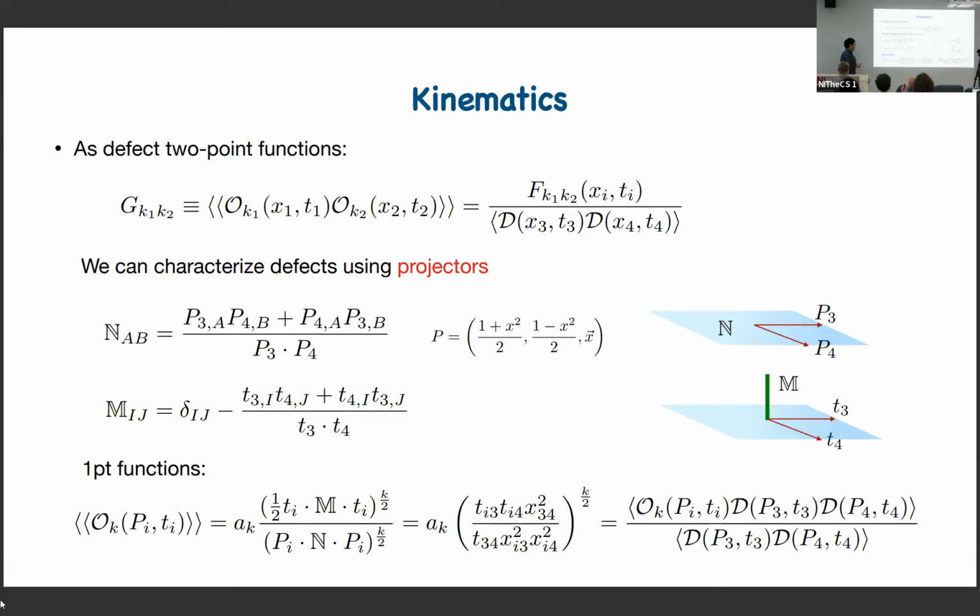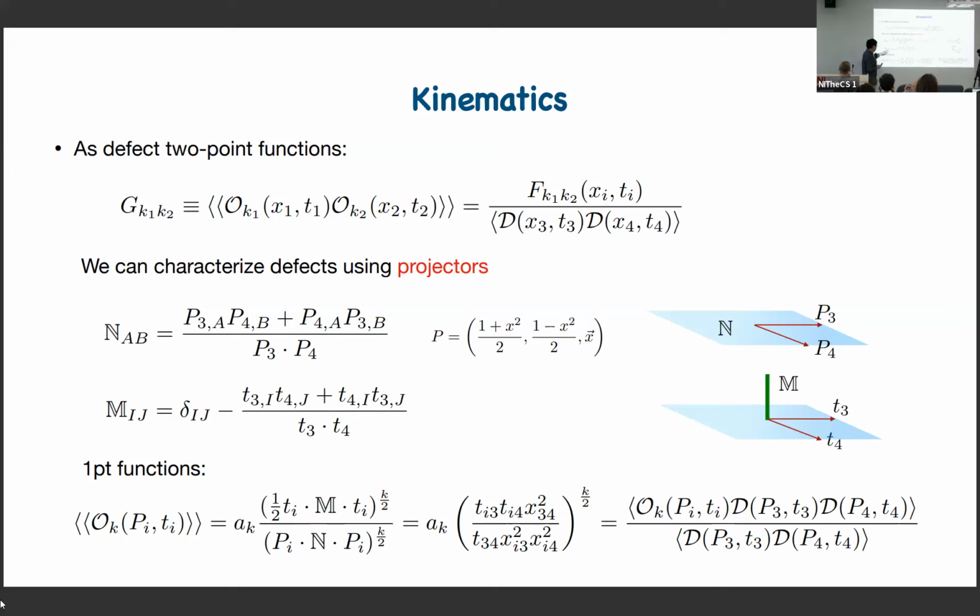Similarly, you can also do it for the R-symmetry part. Let me remind you that T is also a null vector, right? So T squared equals 0, just as for P. And you can also define a thing called M_IJ as a projector in the R-symmetry space.